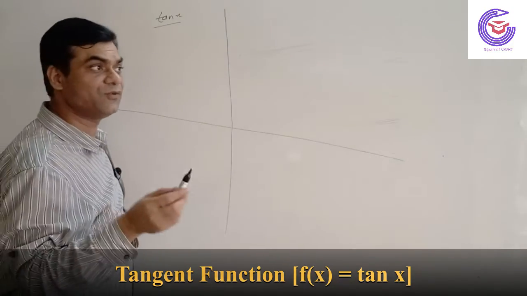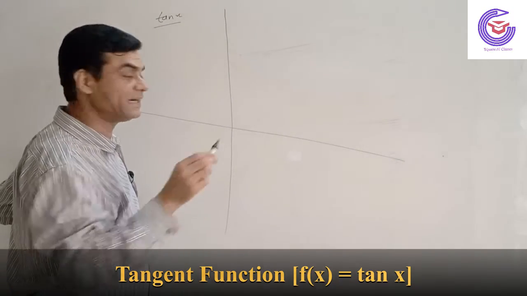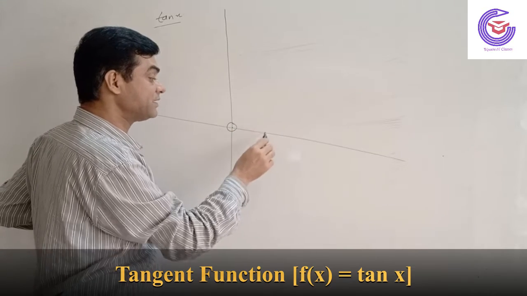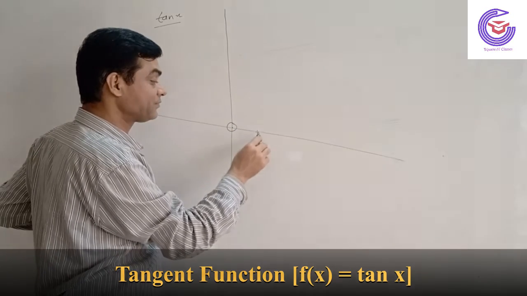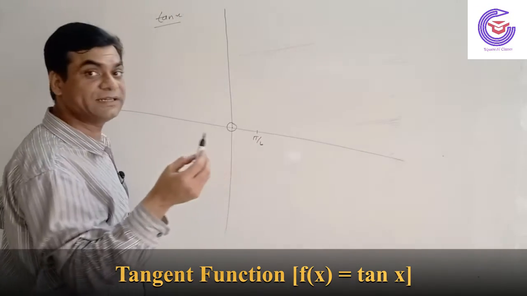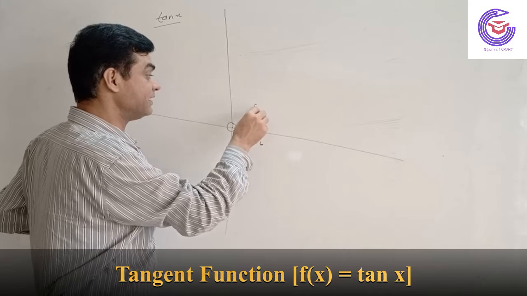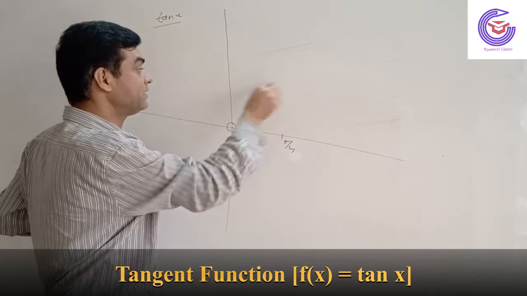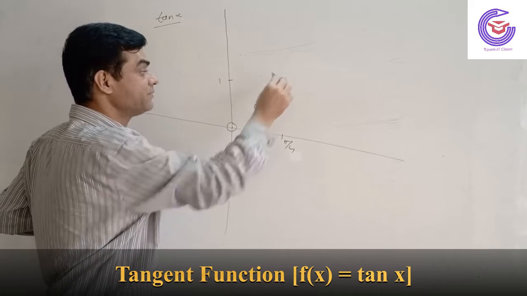What happens when the value of x is 0? In that case, tan x is 0. So this is your point. When the angle is pi by 6, it is 1 by root 3, which is less than 1. So suppose it is coming somewhere below. Now at pi by 4, the value is 1. So suppose this is 1, and this is coming here.